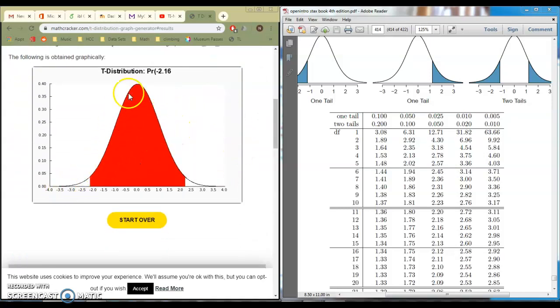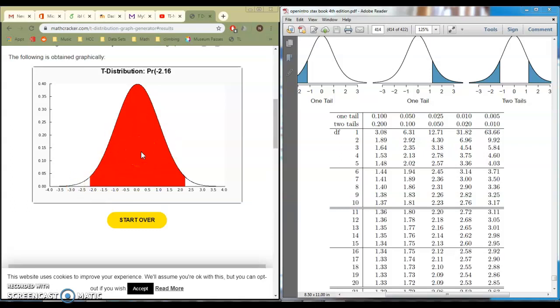So here's our t-distribution. It looks very much like the normal distribution, right? This area in the middle is not 0.05, but rather 0.95. So this is 0.95, and this area over here and this area over here add up to 0.05.